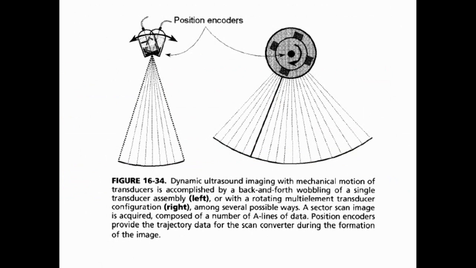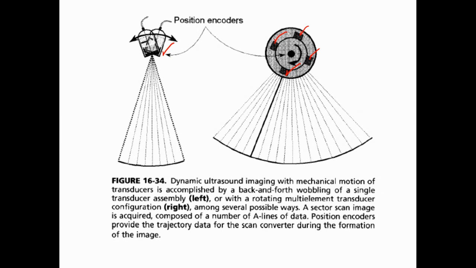Back in the day, dynamic ultrasound imaging could be done with mechanical motion, where the transducer head can wobble, which is what's shown on the left. It can also be done with a rotating element, as shown on the right, where the transducer elements rotate inside a cylindrical geometry and sweep out that fan blade around. Each one of these has one piezo element. Now this one has 4 together.